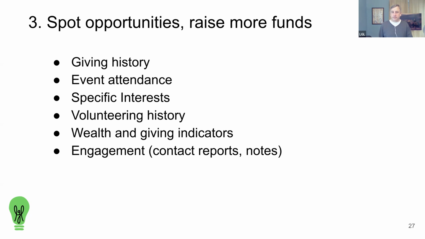That also is something you can track in Little Greenlight, but we don't provide it as part of Little Greenlight. There are other systems like Donor Search and Wealth Engine who can provide that. And then engagement levels, just in general, based on the contacts that you've had with people or the notes that you've taken on them.